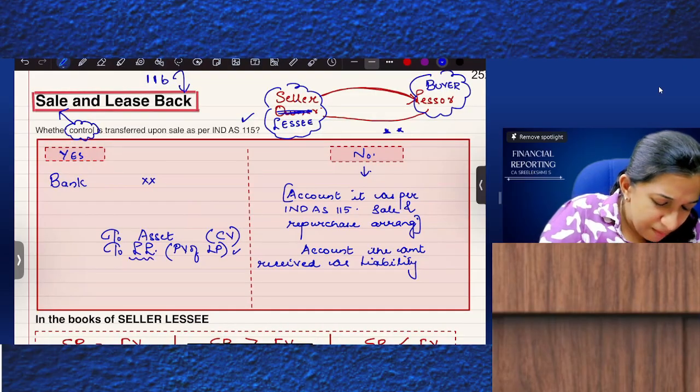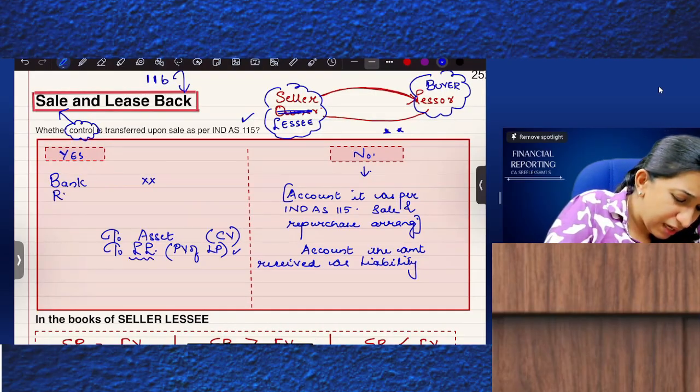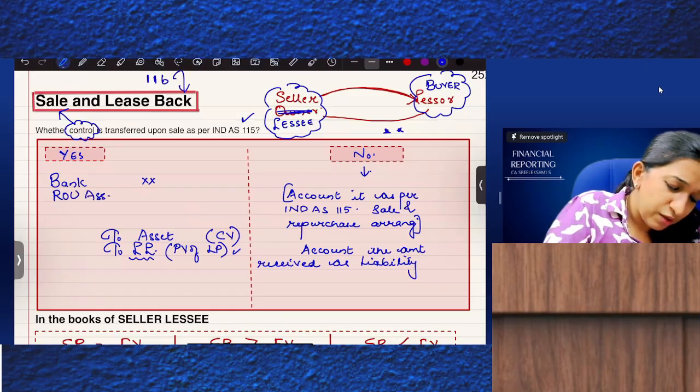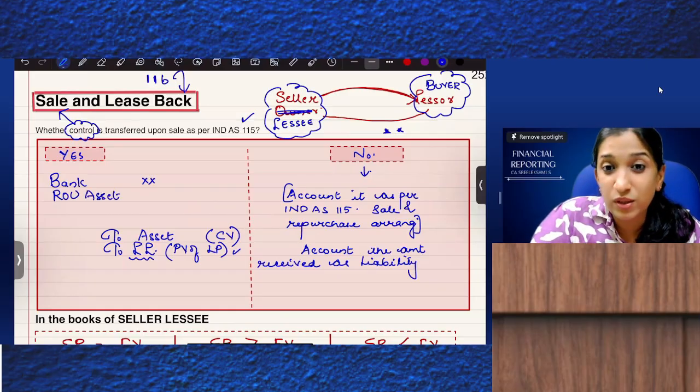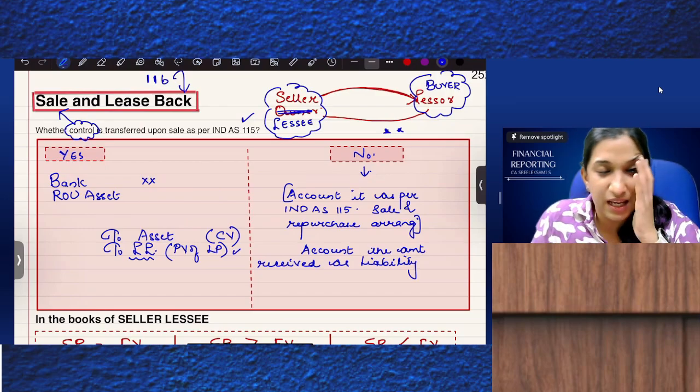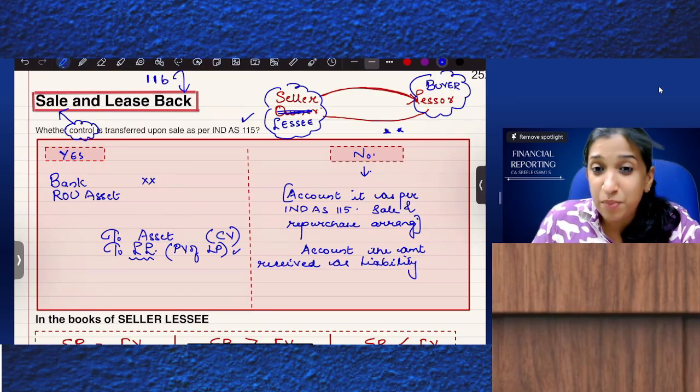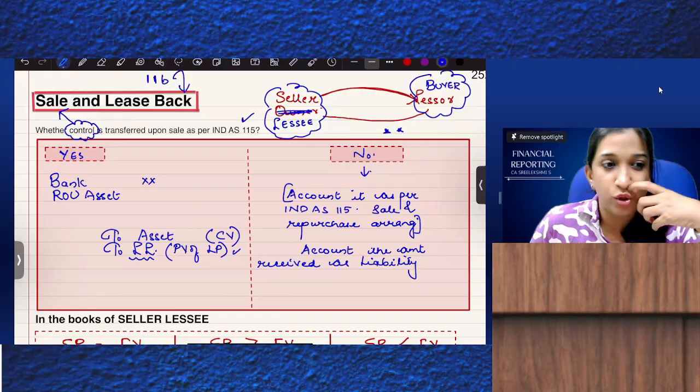Lease liability is now recognized, and then the ROU asset. So will the ROU asset value be equal to the lease liability? No. The very first time, is the lease liability's value assumed as the ROU asset's value?